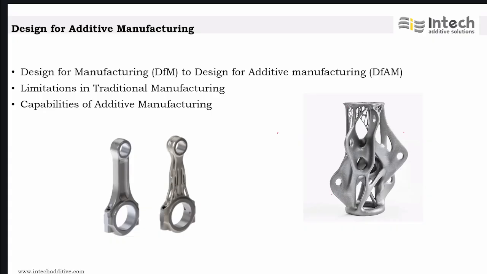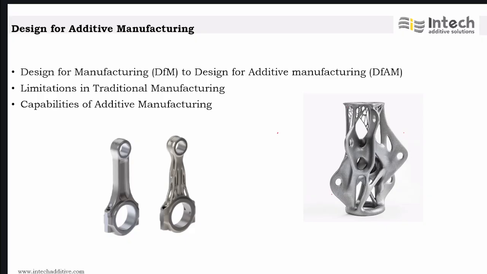Let's say a CNC cannot create internal cavities without drilling from multiple angles, which could cost a lot of time and money. This can be done with ease in additive manufacturing. Similarly, a mold requires very complex undercuts. This can be dealt with easily in additive manufacturing.